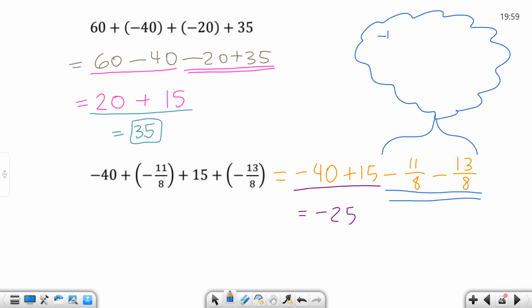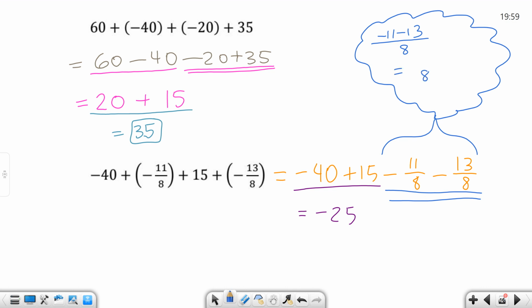I'm going to say this is negative 11 minus 13 over 8, figure out what this is, and then tack it on right after the negative 25. I love thought clouds. I can save myself several steps by doing this fraction in a thought cloud.